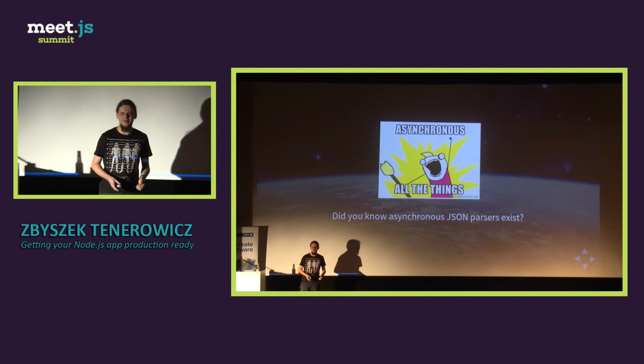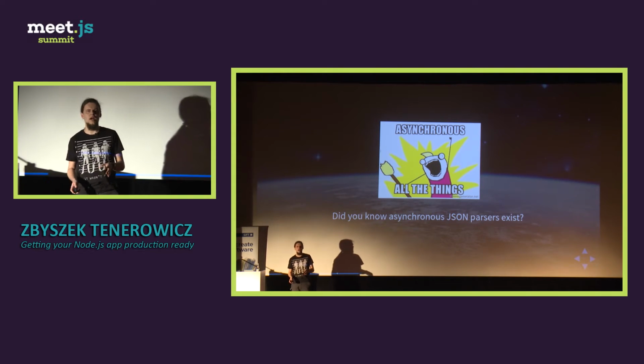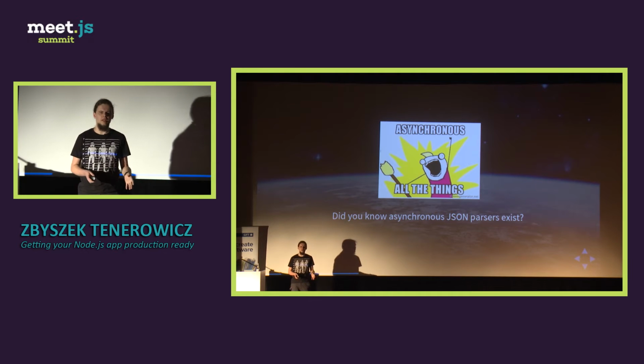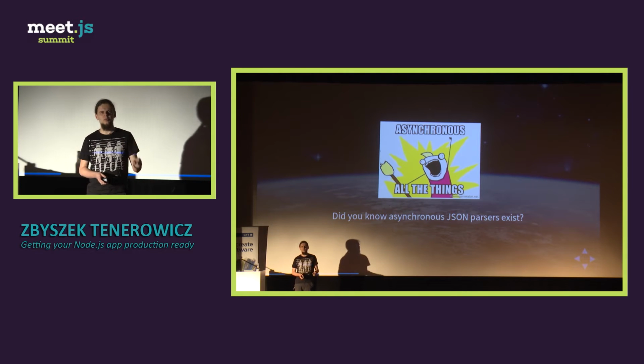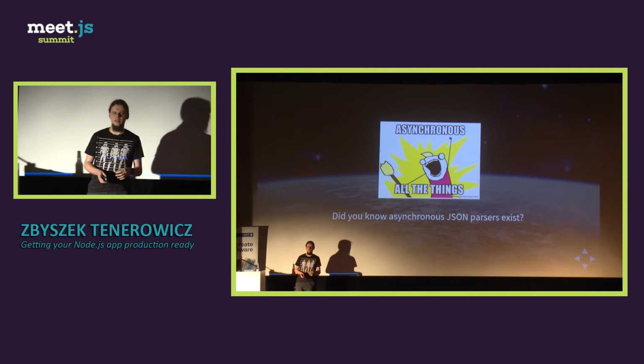Yeah, so the problem is you are always tempted to just use JSON parse. So just make sure you look at your app after you've written a big chunk of it and decide in which places it's actually not safe to parse JSON synchronously, because the first denial of service that's going to happen is JSON parsing.